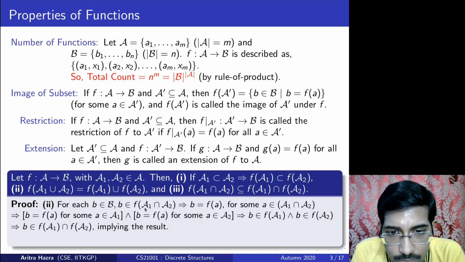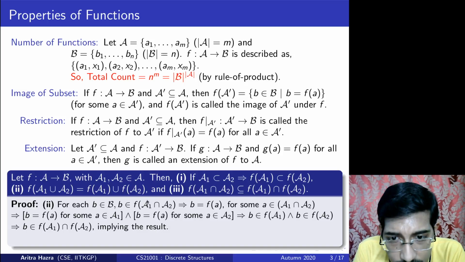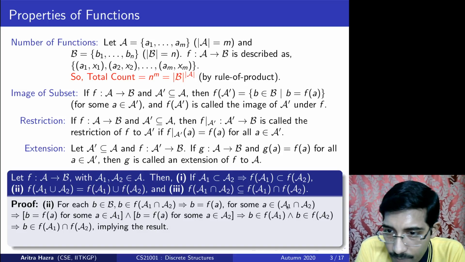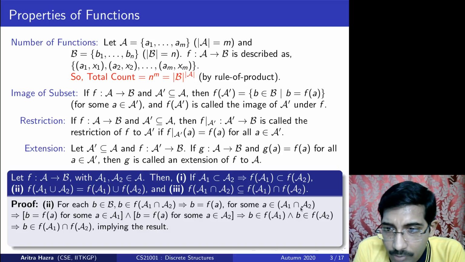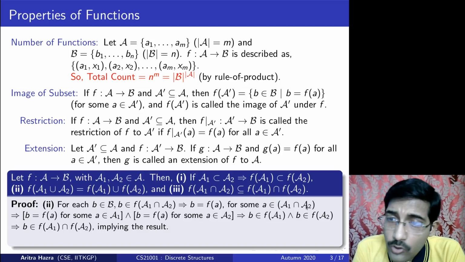Now since B belongs to this set, it means that B equals FA for some A belonging to A1 intersection A2. For some A belonging to this, A belongs to A1 as well as A belongs to A2, both.